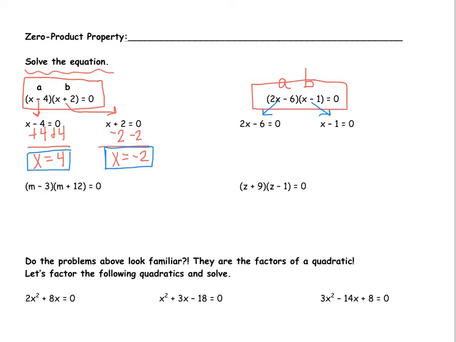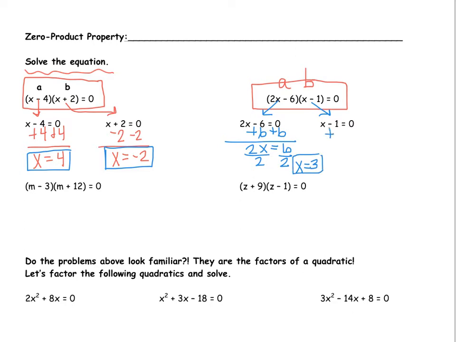So my first one, I'm going to add 6 to both sides. Remember, you do the opposite of what's happening. So 2x equals 6. And now I undo multiplication, so I divide by 2. And x will equal 3. That's my first answer.